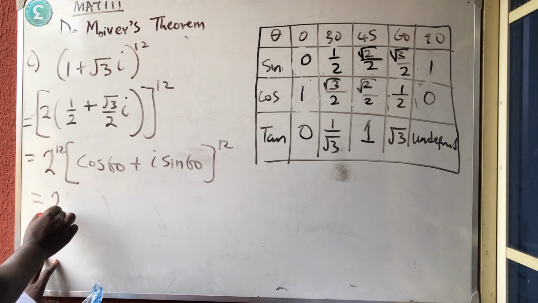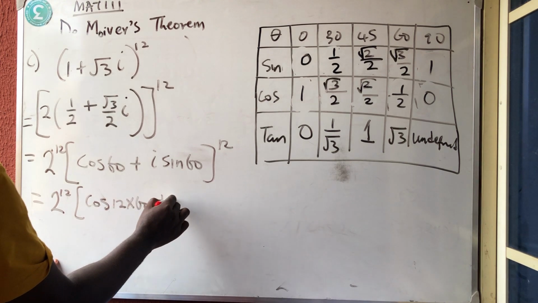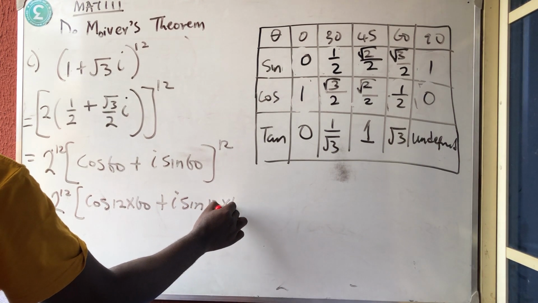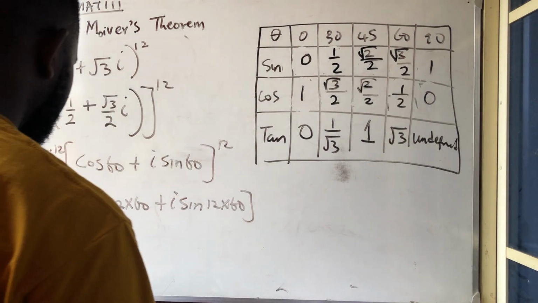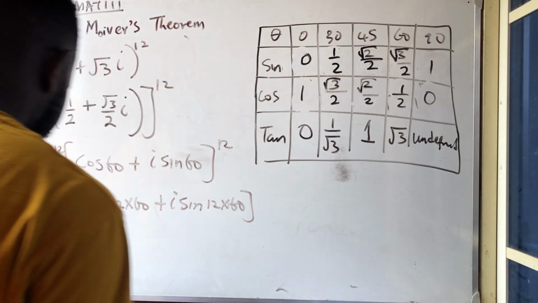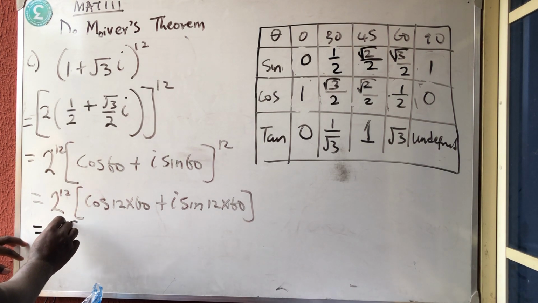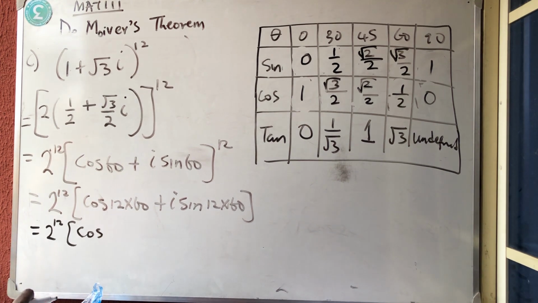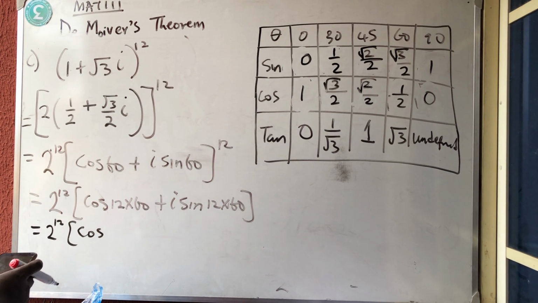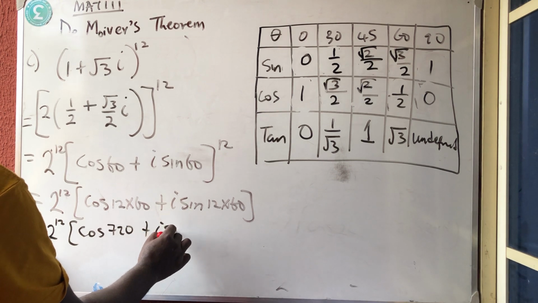So my answer becomes 2 raised to power 12 in bracket of cos 12 times 60 plus i sine 12 times 60. So 12 times 60 is 720, plus i sine 720.